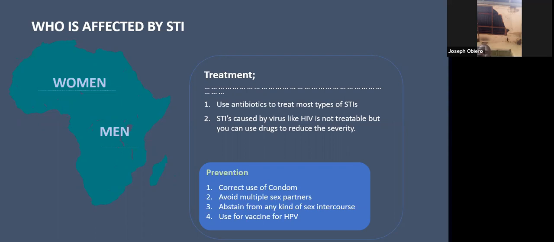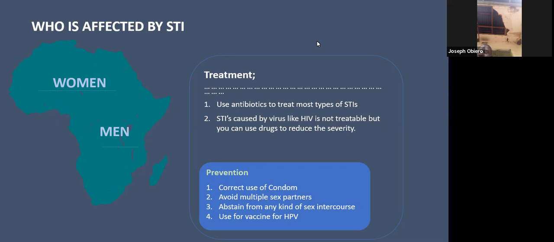Neonatal conjunctivitis, when a child is born with a problem in the eye, so probably when the mother had an STD infection, then the child can be born with the infection, which is called ophthalmia neonatorum.